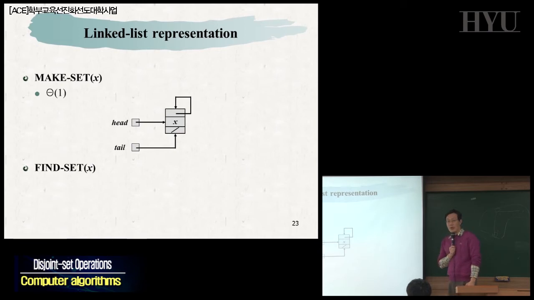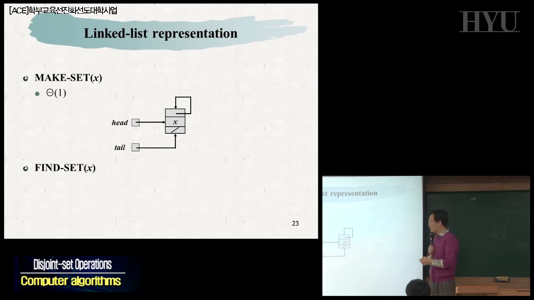Then I'll explain 3 disjoint set operations. First one is the make set of X. Make set of X takes constant time. Why?